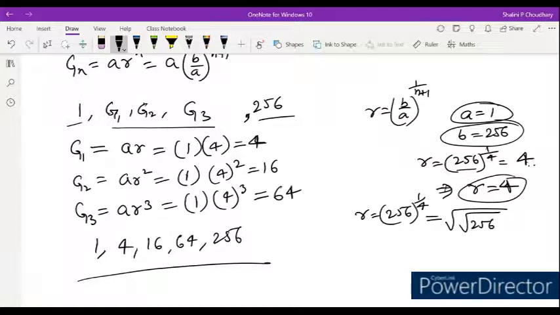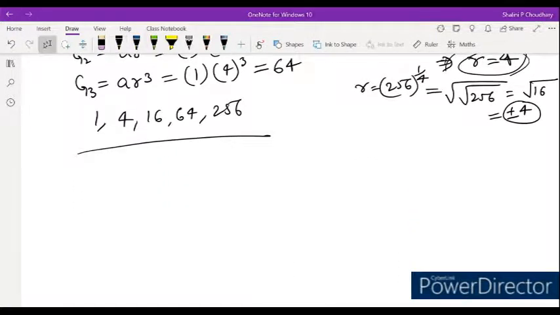So the square root of this, what do we get? We'll get plus minus, but here we'll take only positive values, so it will be 16. Now again the square root of 16 will be plus minus 4. Here we have taken the plus value 4.